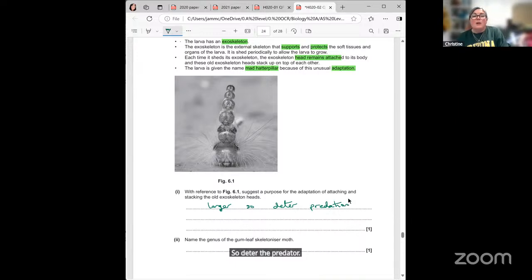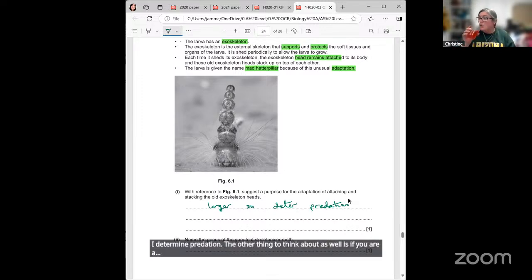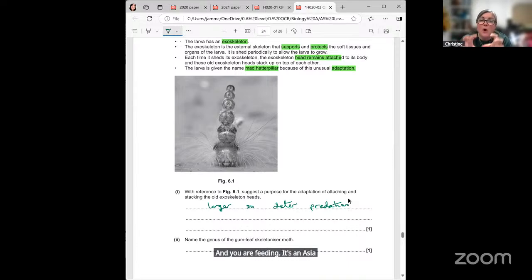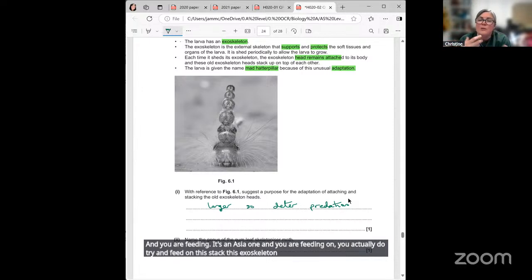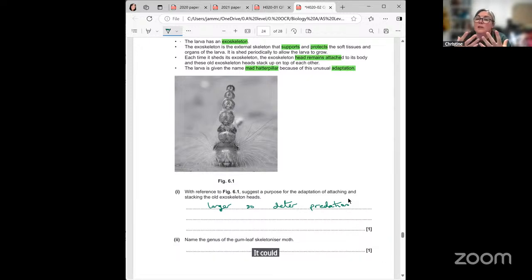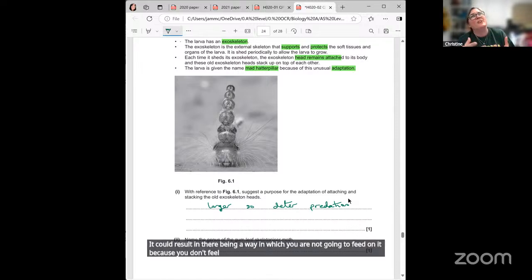By deterring predation. The other thing to think about as well is if you are a predator and you come along and you actually do try and feed on this stack, this exoskeleton, it's not going to give you very much nutrition. So anytime you see this type of organism, it could result in you not feeding on it because you're not getting any nutrition from it.